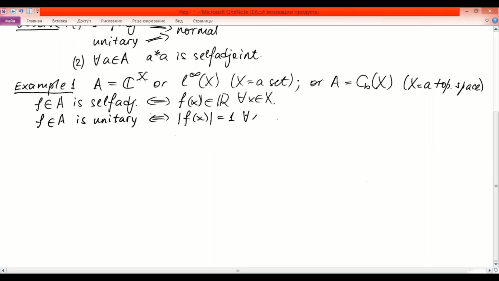So in other words, if f takes X to the unit circle on the complex plane. And it's also clear that all elements of our algebra are normal just because the algebra is commutative.